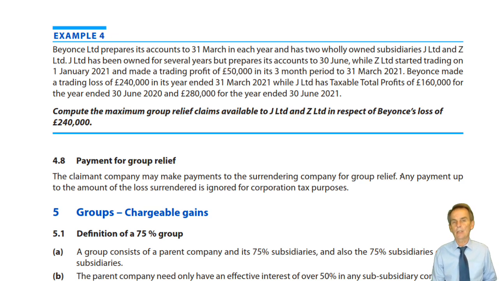And we are then going to have 2 other companies within the group relieving group that are able to have some part of that loss relieved against their profits. What we'll deal with here is that those 2 companies, one, like with the example 3 that we've just done, starts partway through the period.